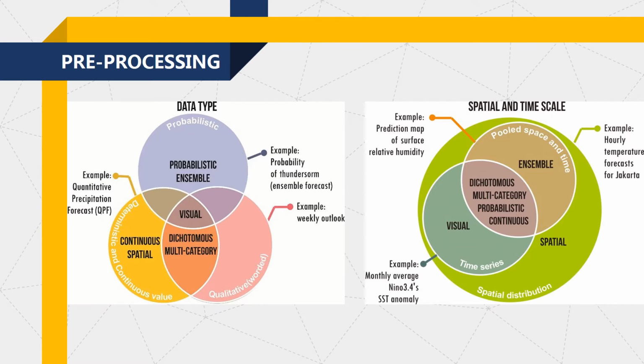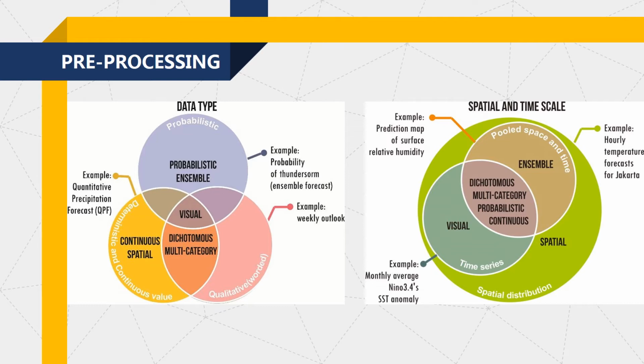What is time series? It is like a monthly average value of something, like SST, like anomaly of SST in Nino 3.4, and something like that.